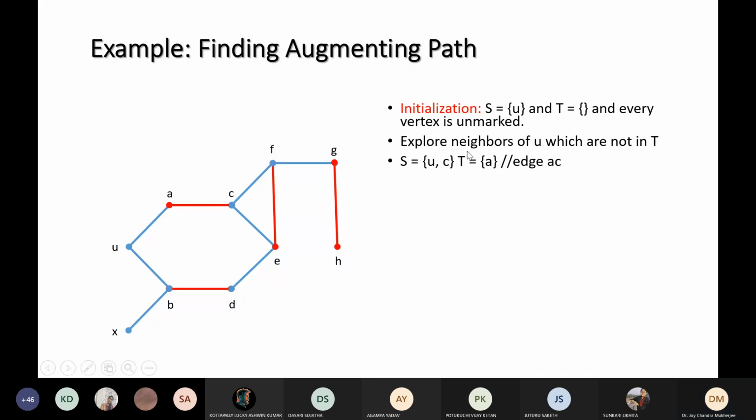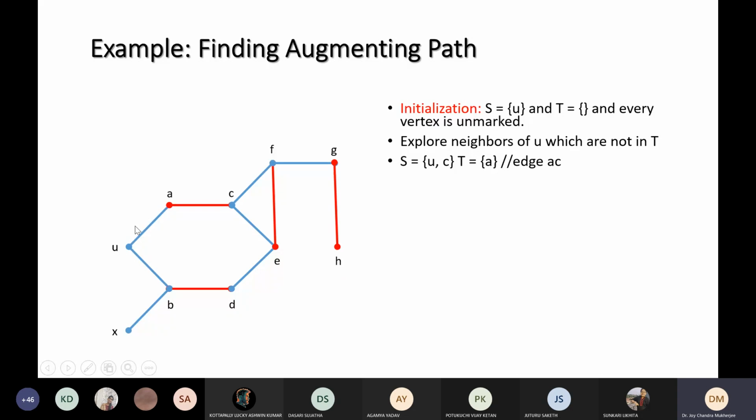T is the set of vertices that can be reached through an unsaturated edge in an alternating path. So what we can reach through a saturated edge is in S, and what we can reach through an unsaturated edge is in T.